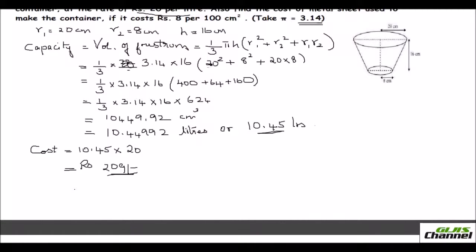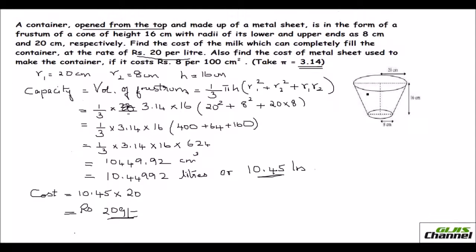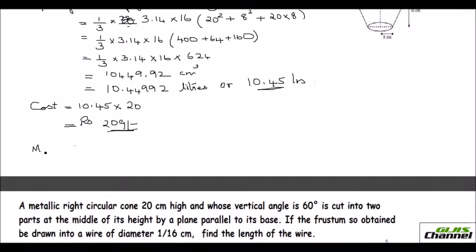Next, you are to find the cost of the metal used. So for that you need to know metal used is equal to CSA plus upper circle, that would be pi R1 square, because the upper one is the bigger one. Now the CSA is pi L times R1 plus R2.